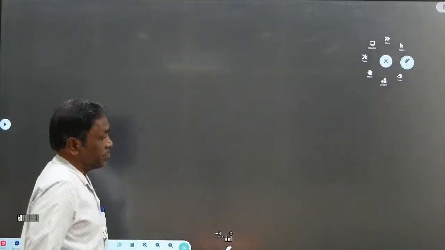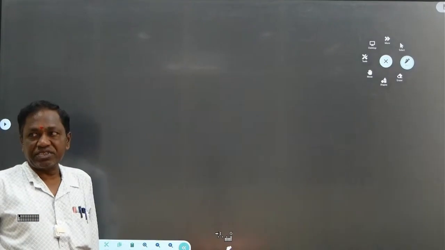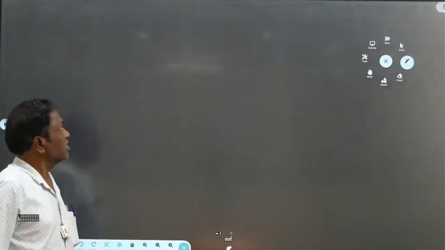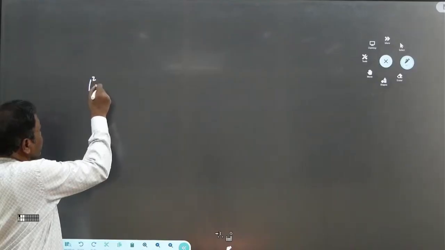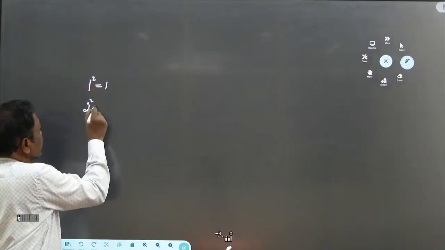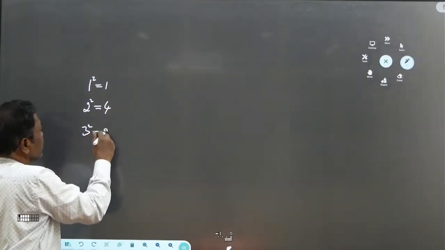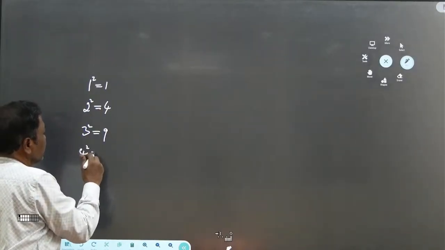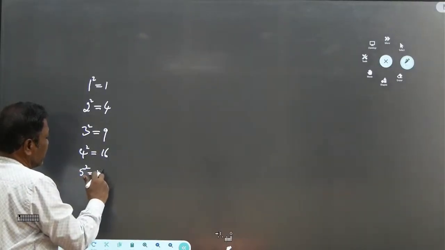Next is the sum of consecutive numbers. Now you can see that 1 square is 1. 2 square is 4. 3 square is 9. 4 square is 16. 5 square is 25.